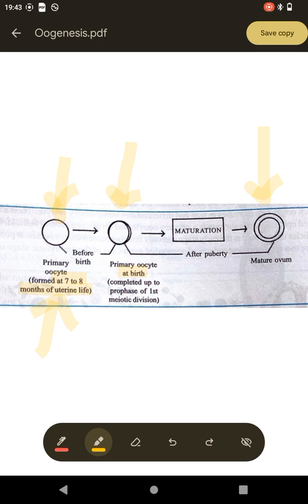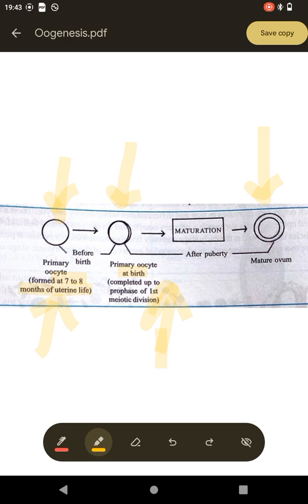This primary oocyte then, in early life, before puberty, a lot of primary oocytes, which are converted into primordial or primary follicles, will undergo atresia. This is the own character of atresia.